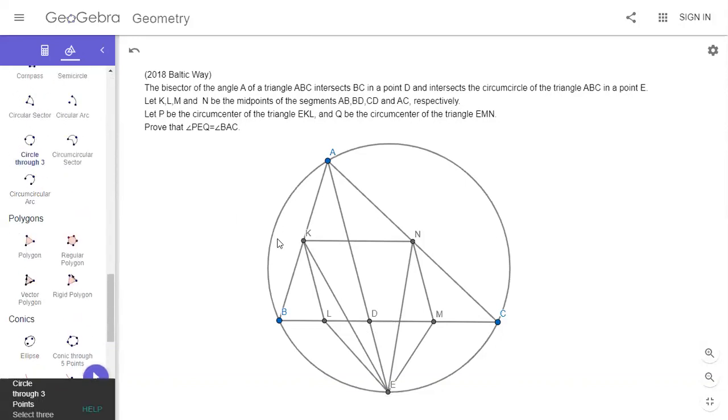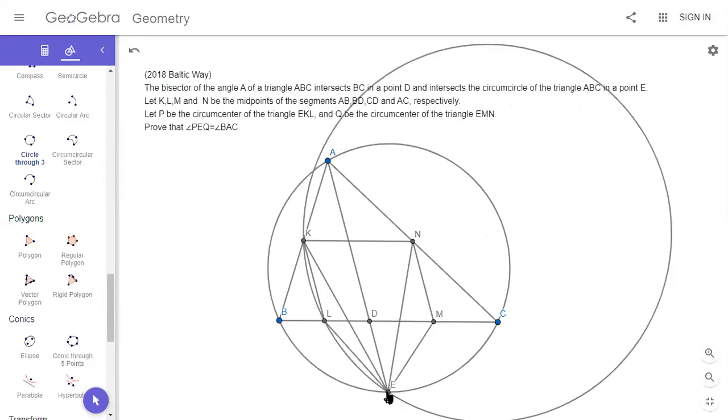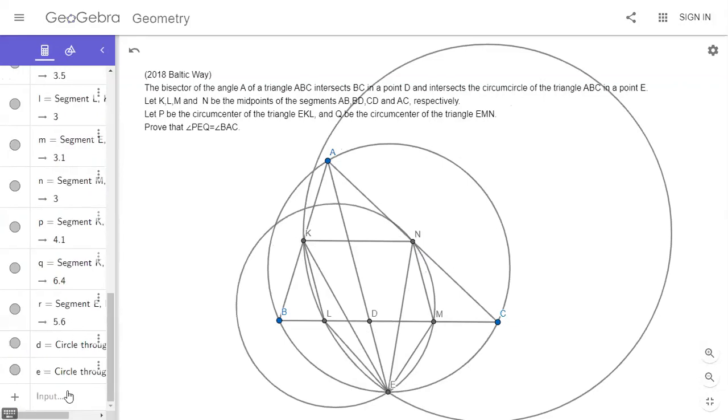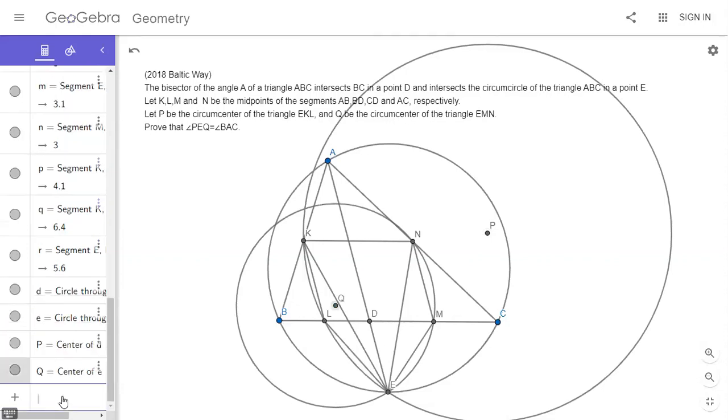I hope these aren't huge. Oh boy, they're really big circles. Let's draw those two centers. P is the center of one circle, and Q is the center of the other. We want to show angle PEQ equals angle BAC.